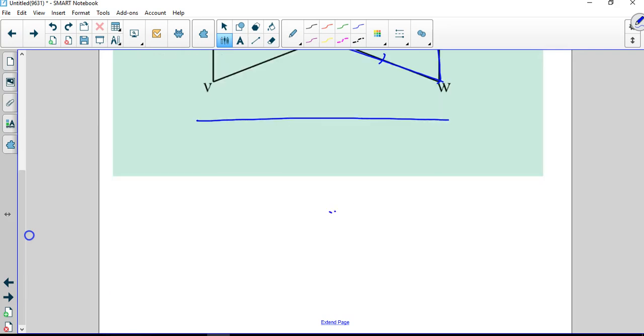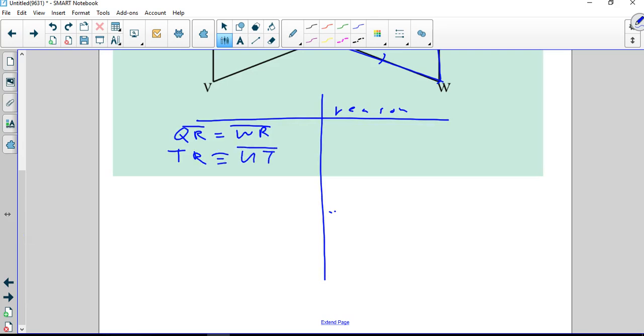So, again, given QR congruent to WR, and given TR is congruent to UR, given.